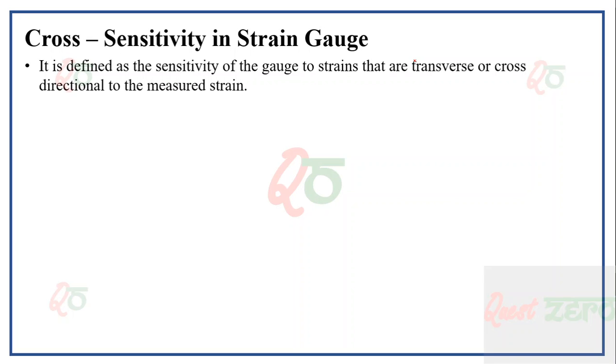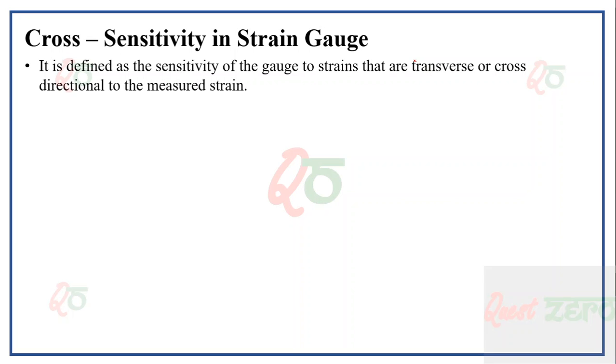Suppose it is very sensitive to change in cross sectional area, then the amount of resistance change taking place will be very high, and it will not be directly related to the change with respect to the length, which is of utmost importance considering the tensile test specimen.